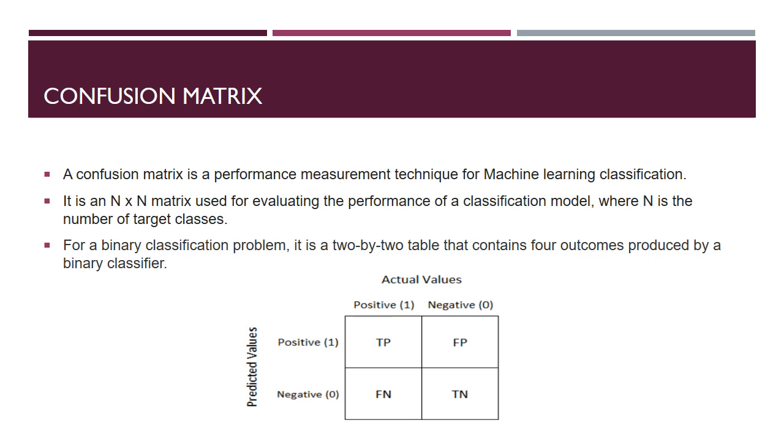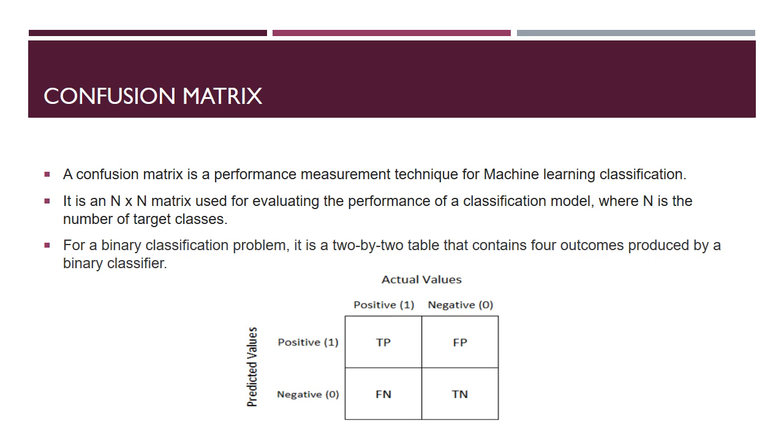But if a person has no tumor and the model classifies it as a tumor, that's a false positive. So there was no tumor in the MRI, but the model predicted it as the positive class, as a tumor class. Similarly, the MRI actually has the tumor, but the model predicted it as healthy.